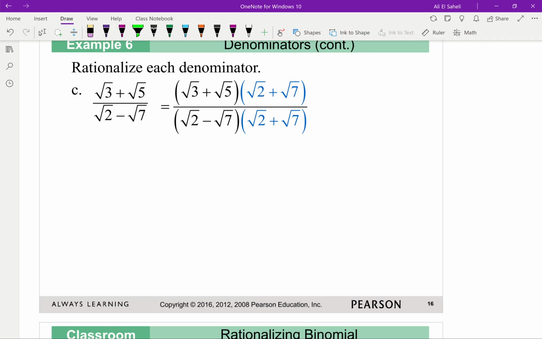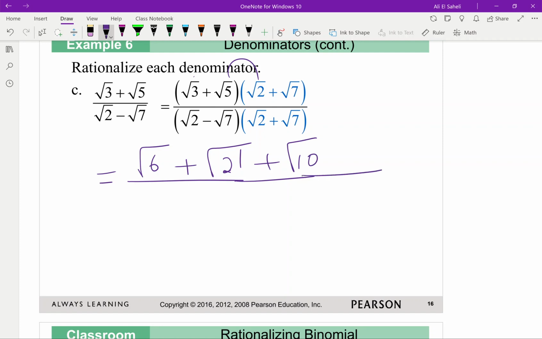Okay, so radical 3 times radical 2 is radical 2 times 3 plus radical 3 times radical 7 is radical 3 times 7 plus radical 5 times radical 2 is radical 5 times 2 plus radical 5 times radical 7 is radical 5 times 7.